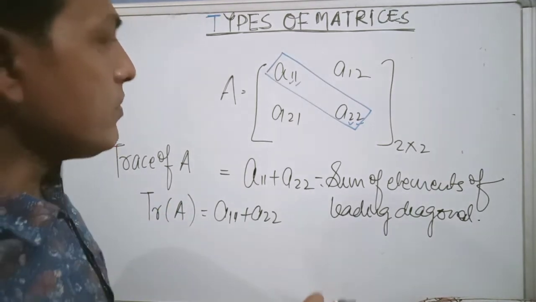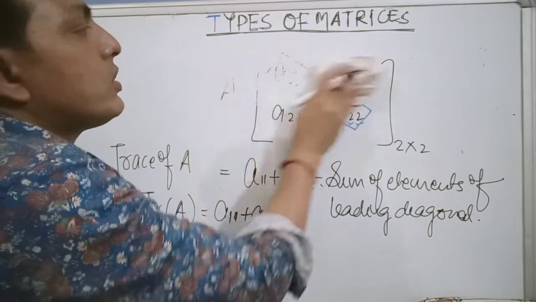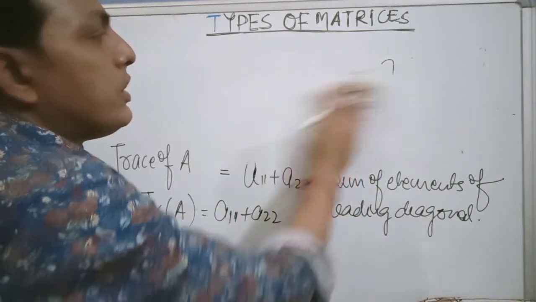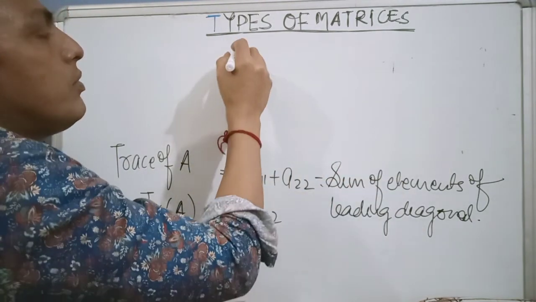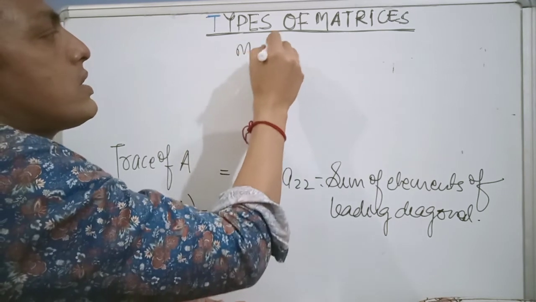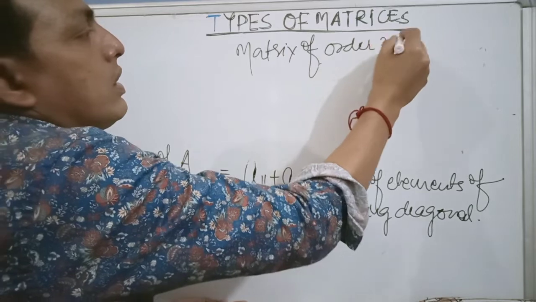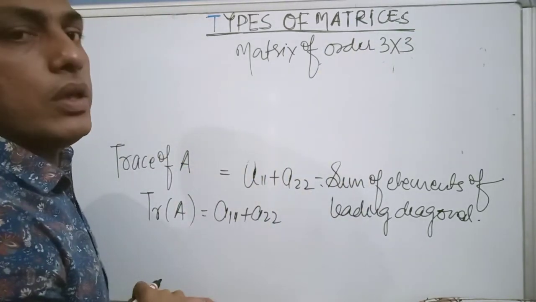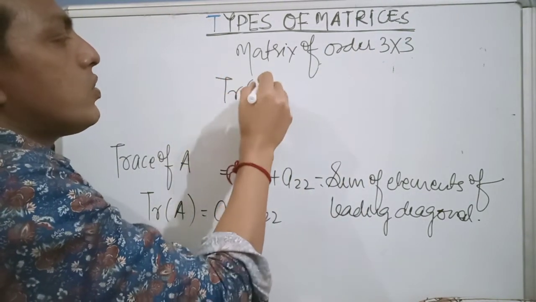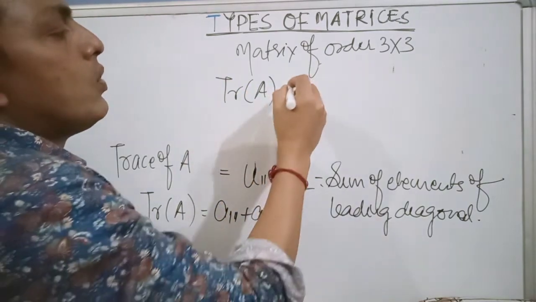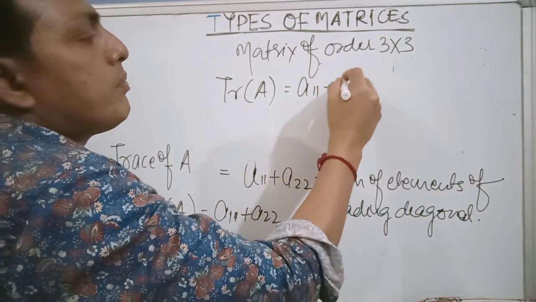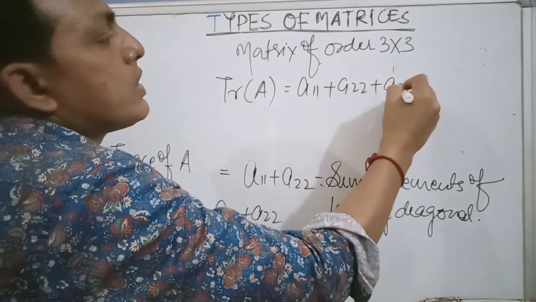Suppose we have a matrix of order 3 by 3. What will be the trace of that matrix? It will be A11 plus A22 plus A33.